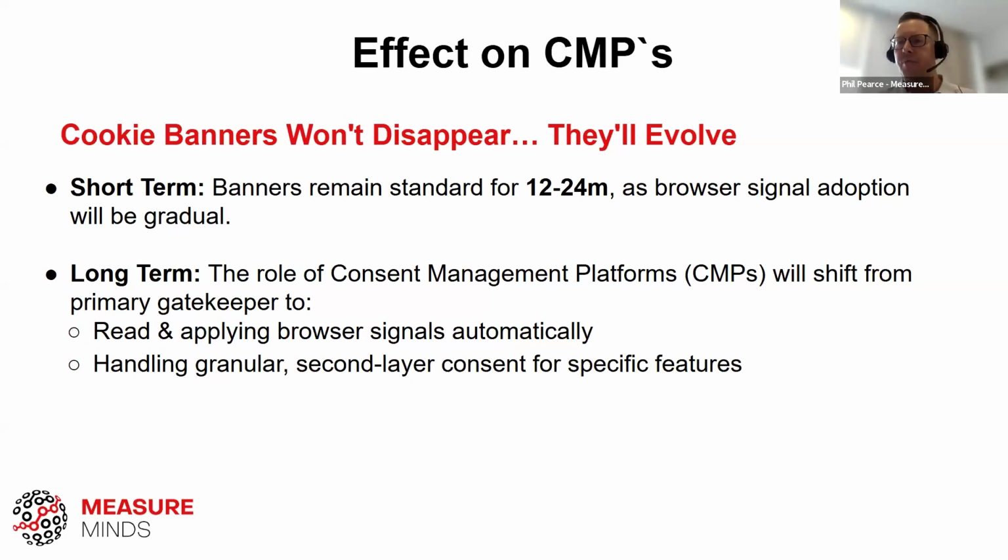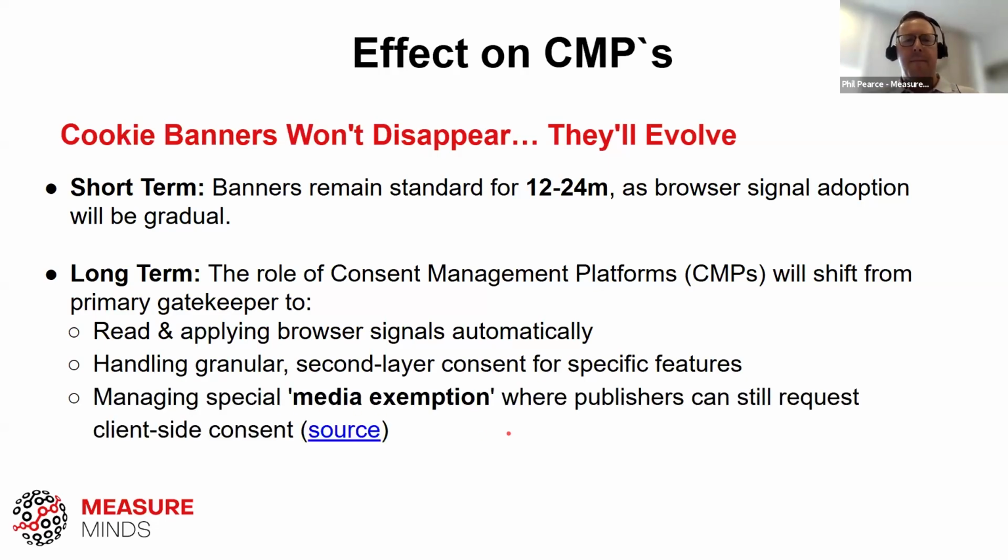How is that going to work? What's going to happen with sites that need very specific instances, like publishers, for example, or TCF? And then the other one, there's talk of a media exemption, a little bit similar to consent or pay, where the publishers can push or overwrite a consent.